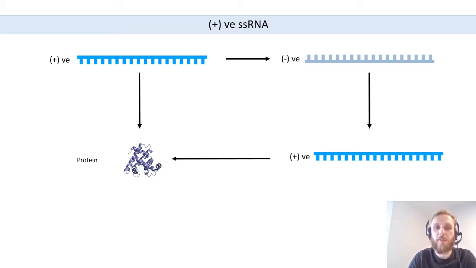So we're going from this initial positive strand to a negative strand, and then another positive strand is being made from this negative strand, and this positive strand can then be translated into protein, because as we've discussed at length, these positive strands function exactly the same as cellular mRNA. They can be translated into protein because they're positive, so they contain the order that will determine the order of amino acids in the protein.